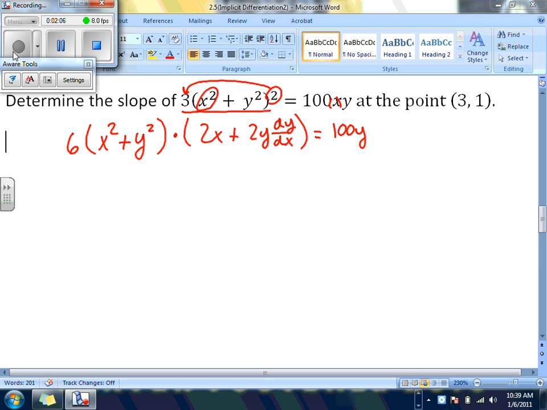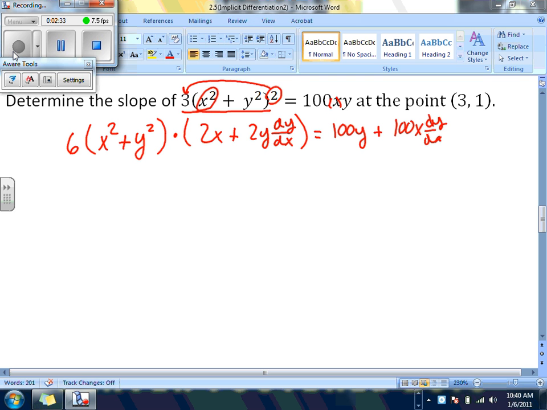So 100 times 1 times y, my derivative of the first one times the second one, plus the derivative of my second one. So I'm going to leave 100x, and I'm going to take the derivative of y, which is just 1. But we're taking it with respect to x, so we need to do the chain rule and say the derivative of y is dy/dx. Okay, we're good so far.